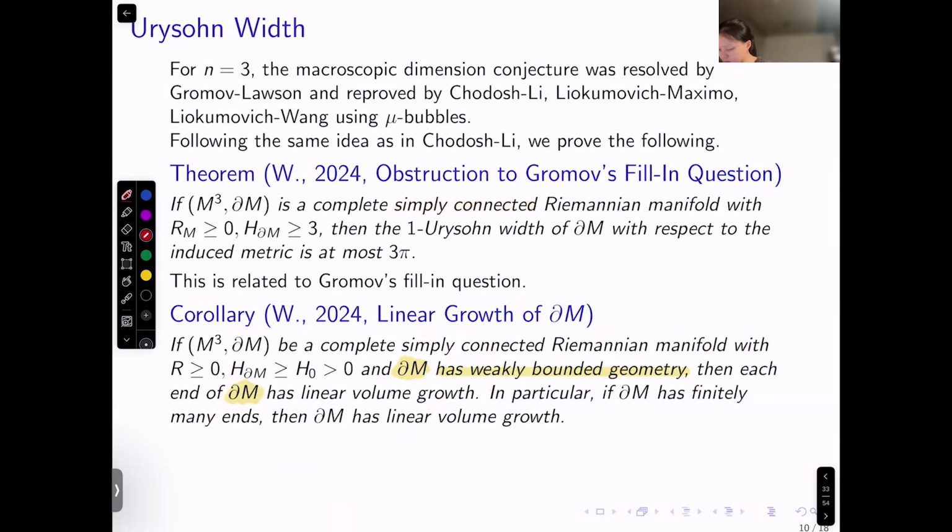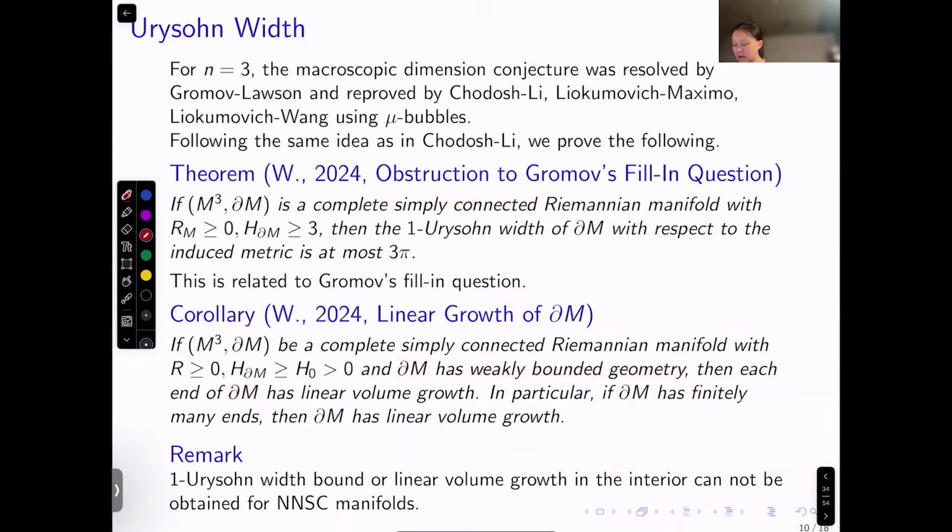Okay, so now knowing that the boundary has linear growth and our manifold only has non-negative scalar curvature, it's important to know that we cannot prove the same thing for M, because we can, for example, just take a spherical cap and then attach an almost Euclidean end to it.